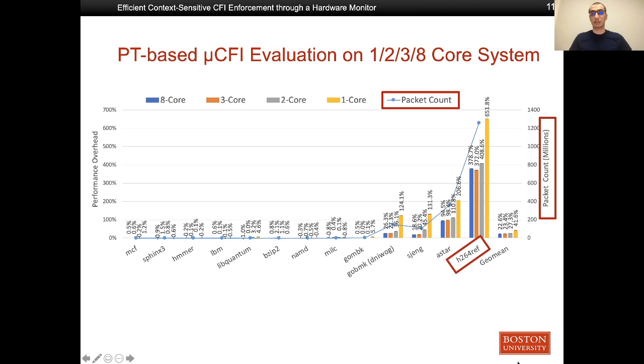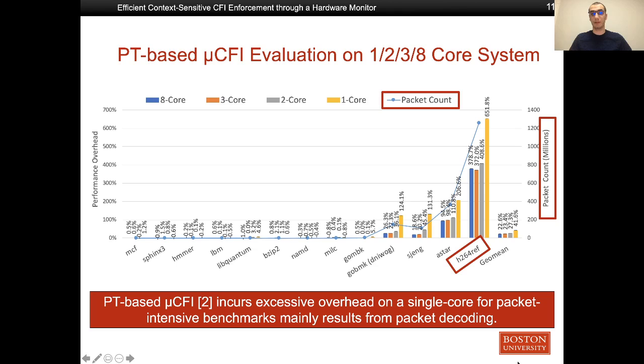If you notice, some of the benchmarks generate a higher number of packets, and actually these are the benchmarks that are affected by the single core experiment, meaning that when we switch from 8 core to single core system, we observe drastic performance overhead. The reason, as explained in the previous slide, is that packet decoding is putting a lot of pressure onto the single core, meaning that when we don't have any idle core that can be dedicated to trace processing, the performance overhead of the benchmark is increasing significantly.